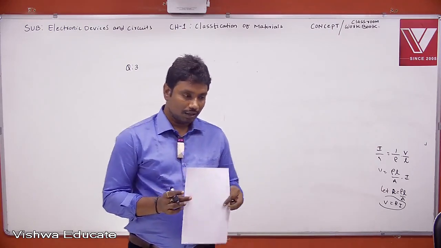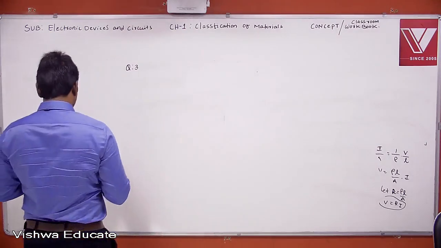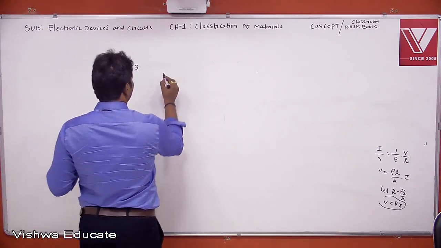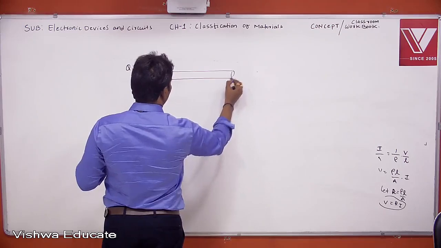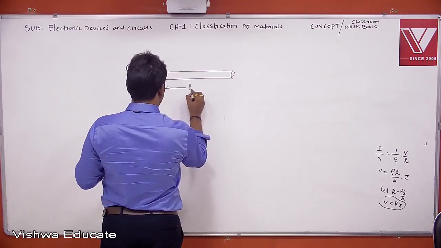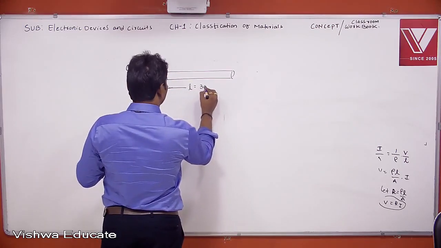So here they have given a copper wire of length 300 meters.